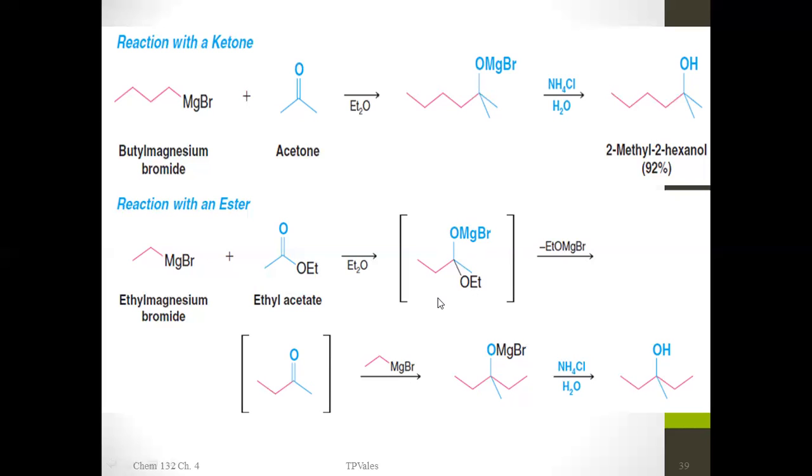So you actually get your ethoxide, but your ethoxide can pair with MgBr. Once you get your ketone, this is now your new source of your single bond O.